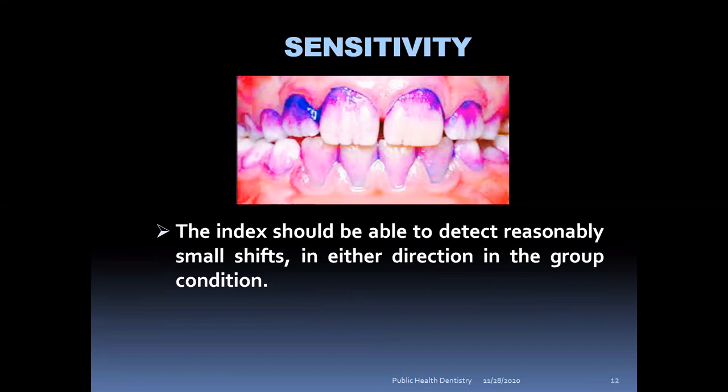Like if the patient brushes his teeth in a very good way, it will decrease the plaque score. As all of us know, plaque is a very simple layer that you can compare with debris also. If you brush your teeth in a good manner, you will have no plaque. So the index should be able to record even the small shift, whether it is a score of 1 or a score of 2.